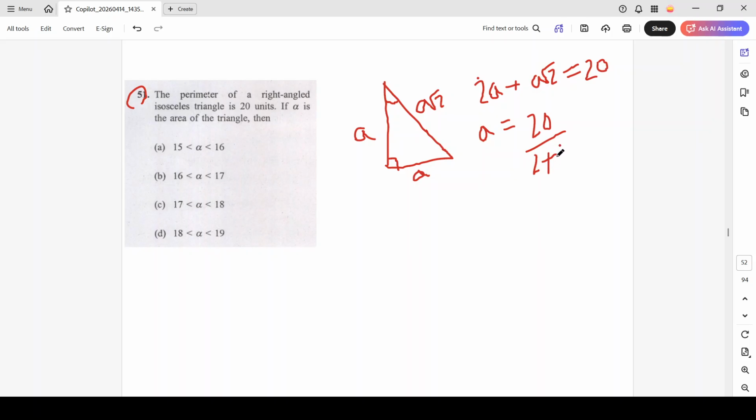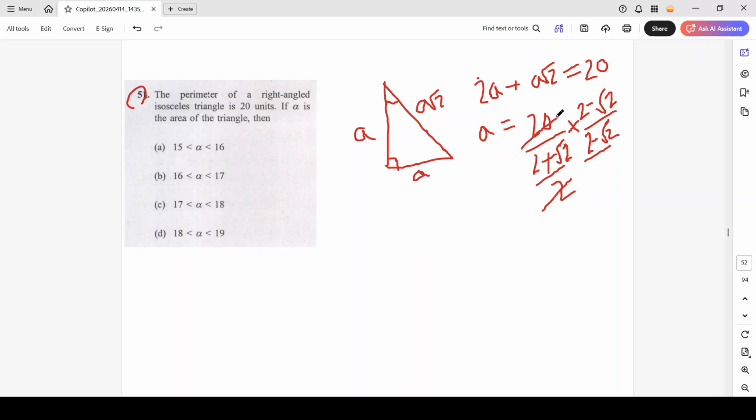Now we need to rationalize this to find the value of A. For rationalization, we multiply by the same numbers with the opposite sign, that means 2 minus root 2 in the numerator and 2 minus root 2 in the denominator. This takes the form of (a plus b)(a minus b), that means a square minus b square. 4 minus 2 is equal to 2, so the denominator will be 2.